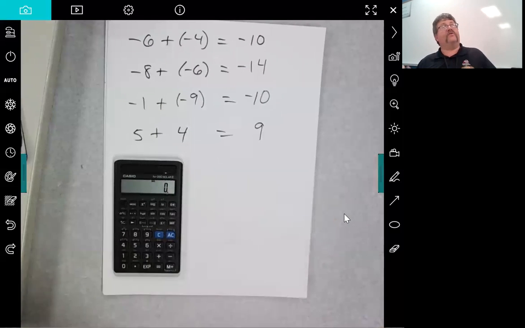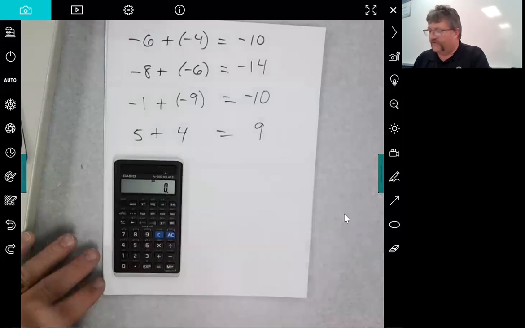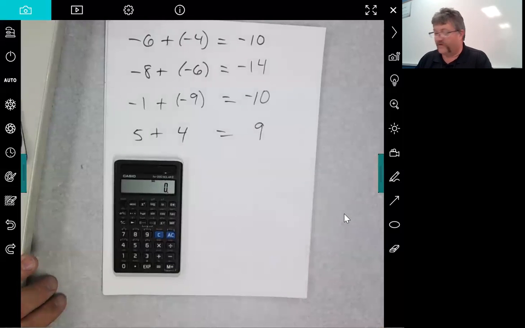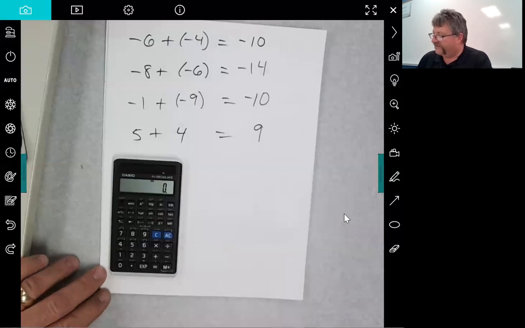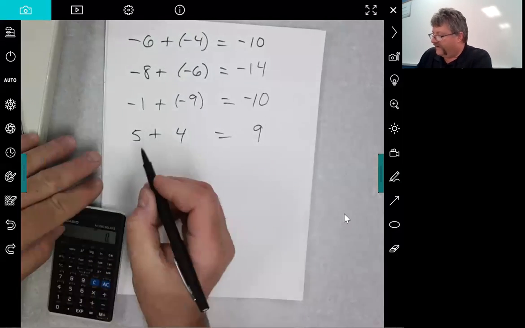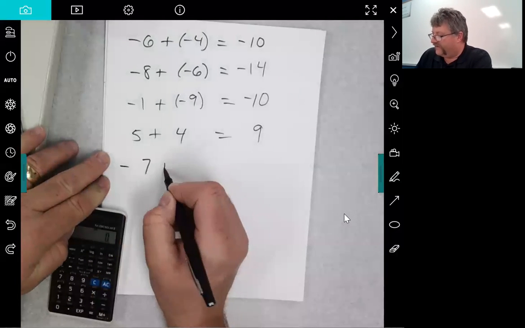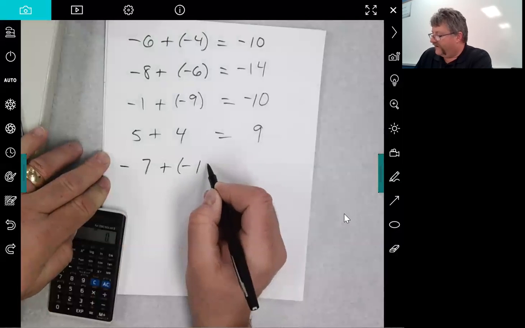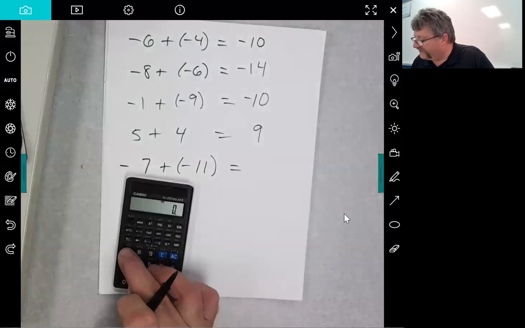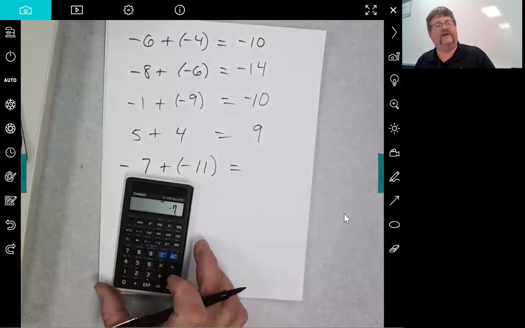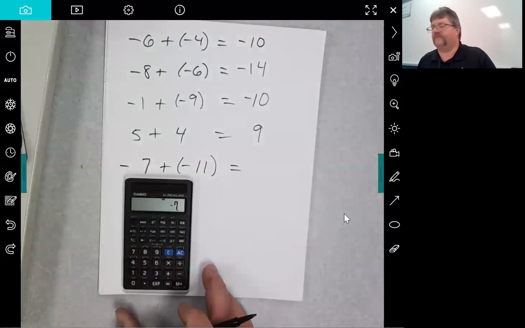This calculator is a little goofy with its negatives, goofy from my world of using mostly Texas Instruments. Maybe you use these calculators all the time and you're more used to it than I. But for me, it's a little odd because you have to put the negatives in a little differently. So for this calculator, if I wanted to do -7 plus -11, I got to go 7 and then hit the plus minus button, which makes it -7.